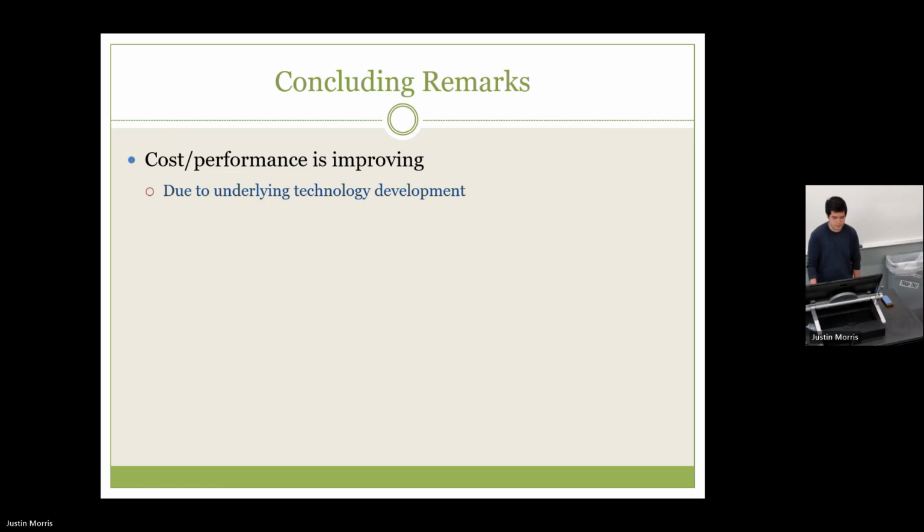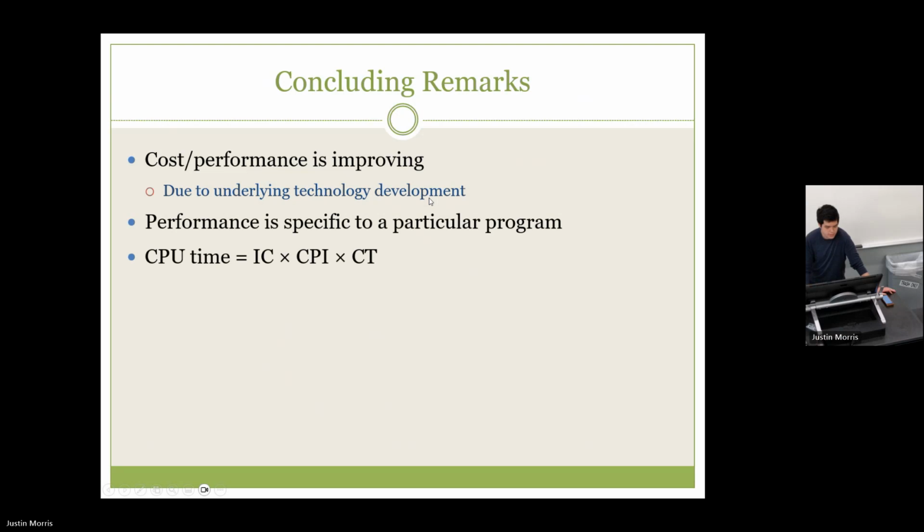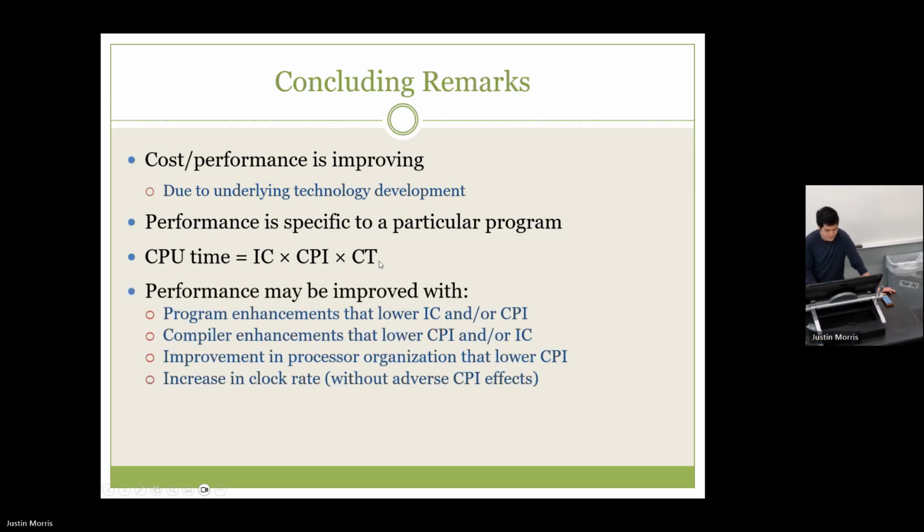But concluding remarks. The cost of performance is improving because of technology development, both with microarchitecture and technology node, so how small the transistors are. Performance is specific to a particular program, and we get the CPU time, which is our performance, from instruction count times CPI times cycle time.